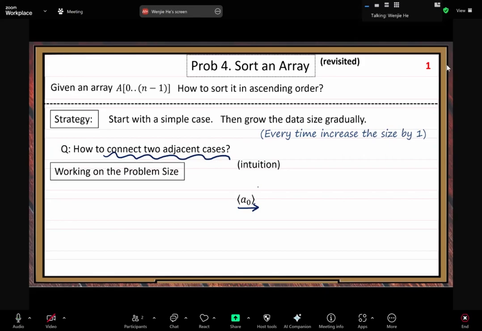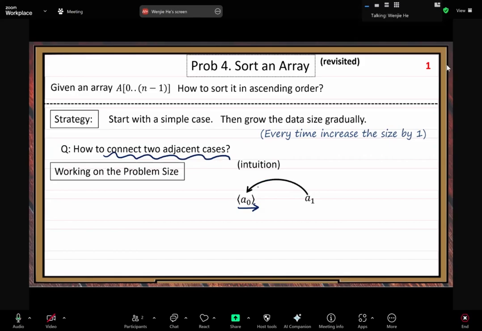After that, we consider adding a new element into this ordered array, the A1 element. We can easily see we only need to do one comparison, no matter whether A1 is greater than A0 or A1 is less than A0. After one comparison, we can get our data ordered.